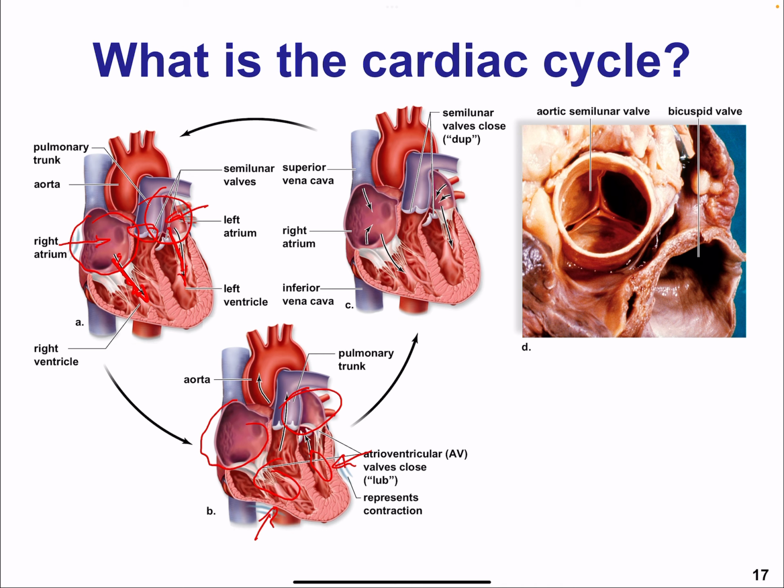When the left and right ventricles are squeezing, the blood is sent to both the lungs, the blood that comes from the right side, and the organs, the blood that comes from the left side of the heart, right?